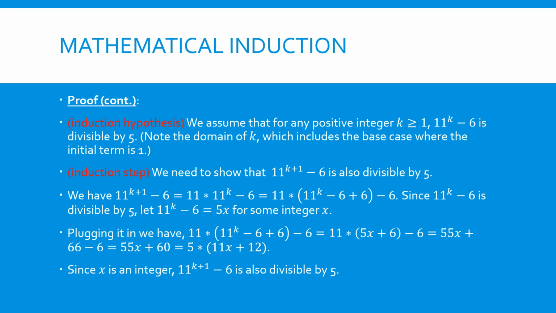Substituting 11^k - 6 with 5x, we get 11^(k+1) - 6 equals 5 times (11x + 12). Since x is an integer, 5 times (11x + 12) is divisible by 5. Therefore, 11^(k+1) - 6 is also divisible by 5.